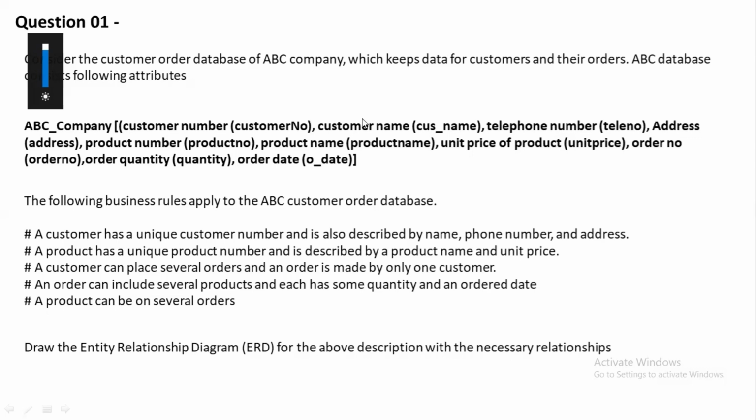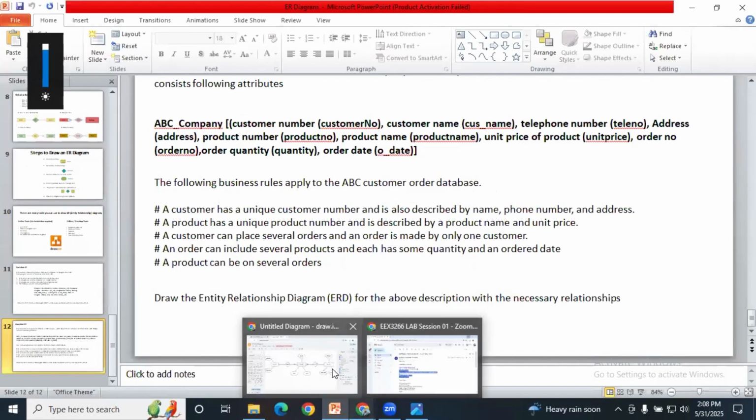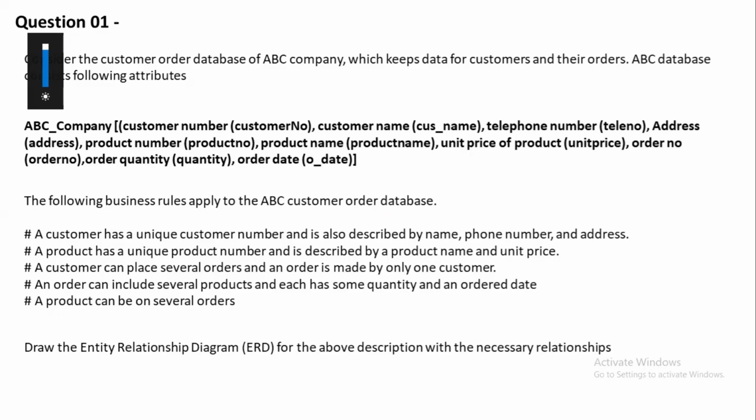So can you try it out? You can read this scenario. I will show it: go to your Chrome browser and search for draw.io, and you can redirect to the same interface, and you can get these kinds of shapes and draw the ER diagram. Okay, I will show the question.